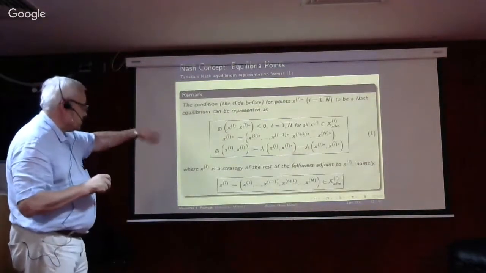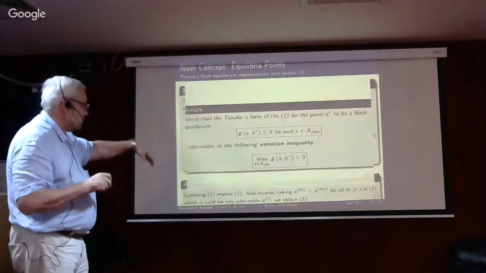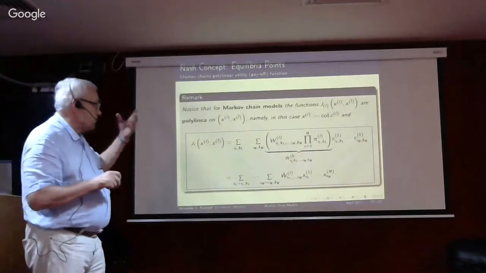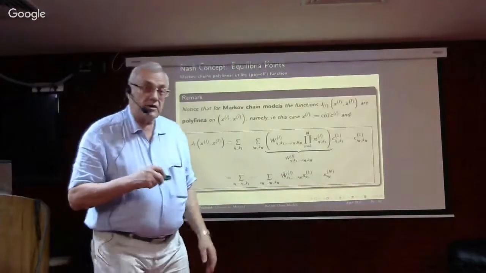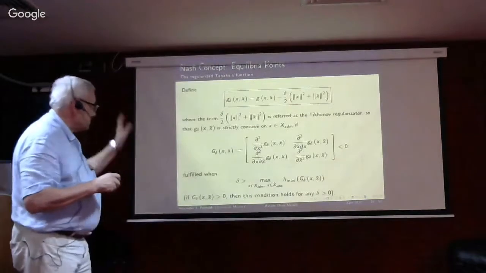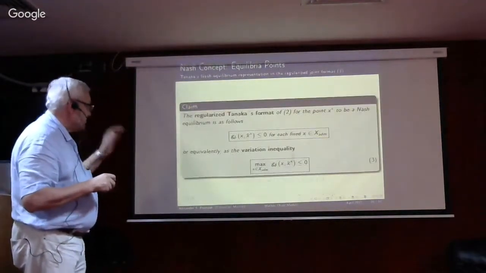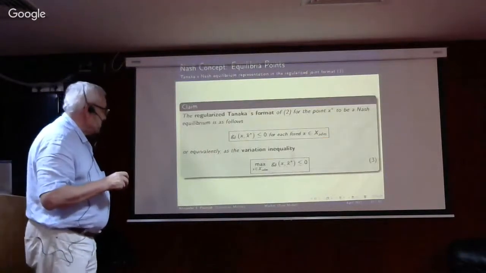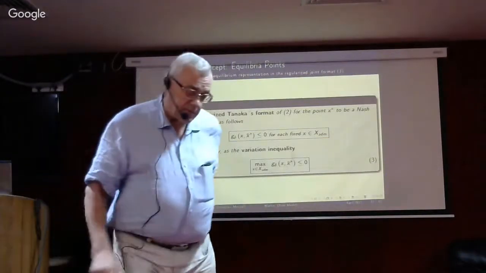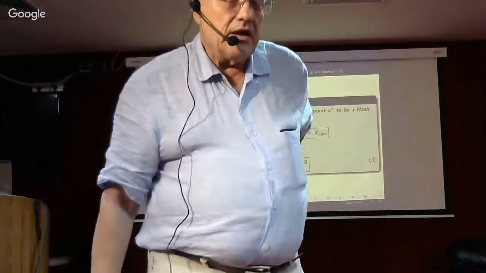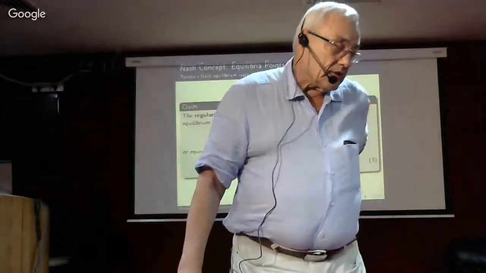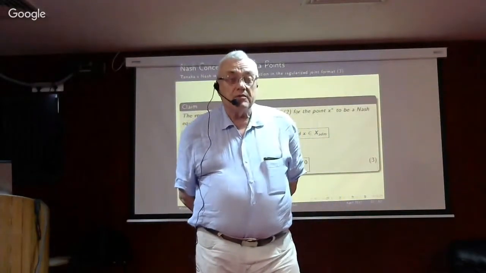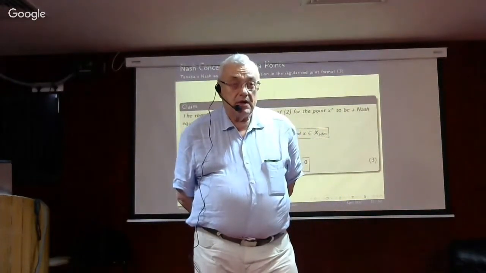Here is the mathematical definition, how to express it, then how to use this definition for Markov chains. Okay, I omit this. There also exists the Tanaka format, how to represent mathematically the condition that some point is an equilibrium point in the Nash sense.